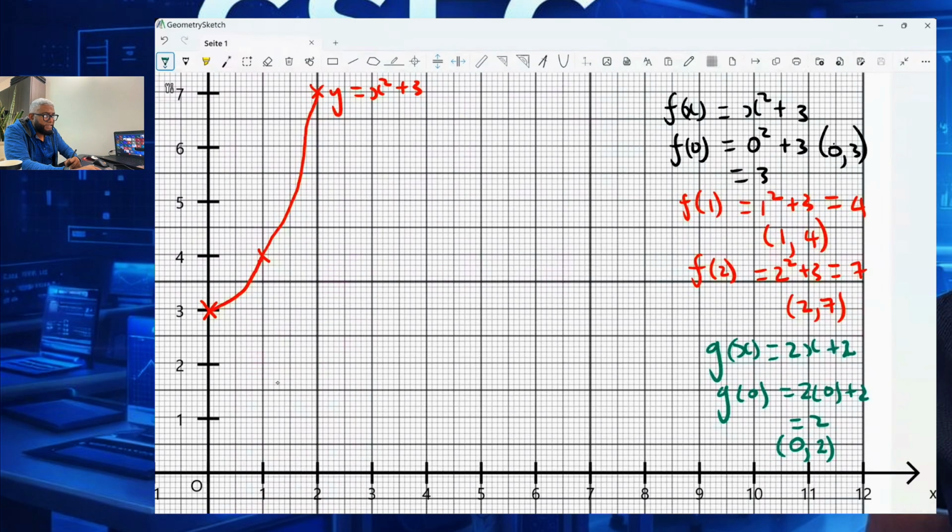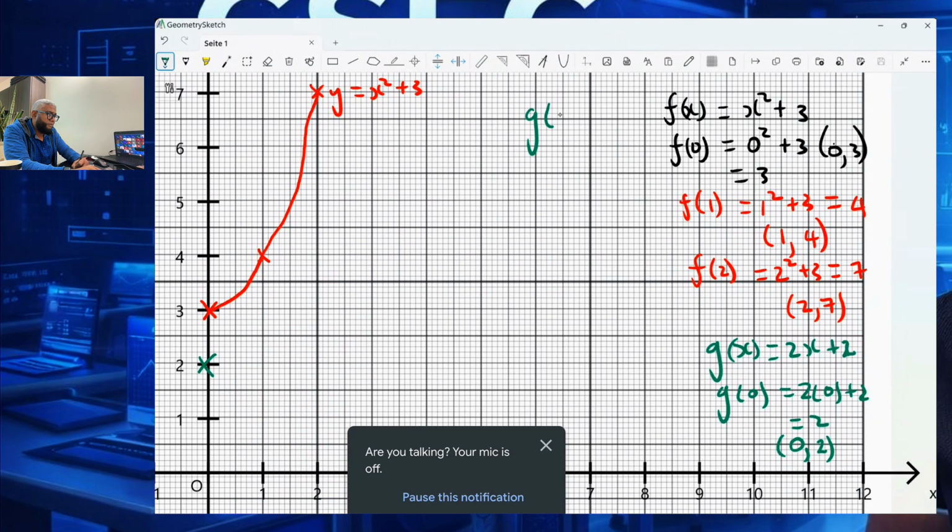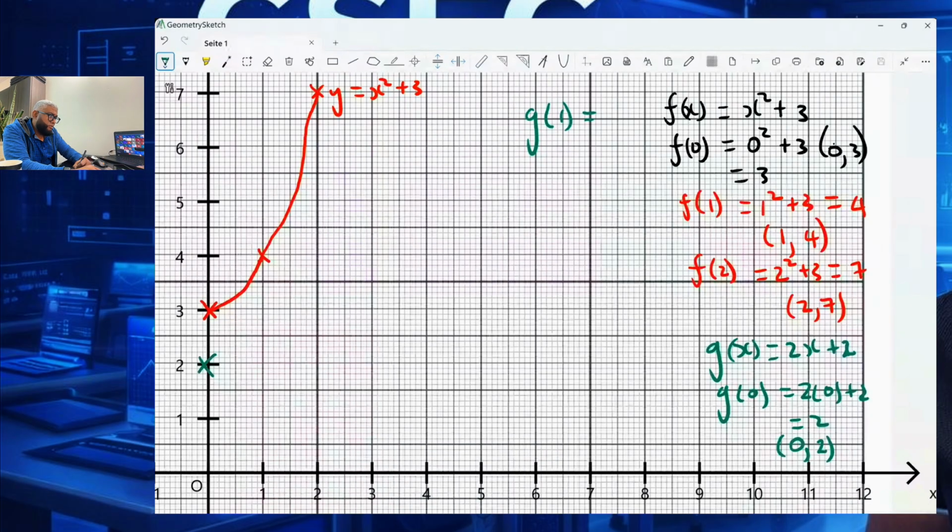So that's starting here, right? Then we're going to do g of 1. That will be equal to 2 by 1 plus 2, which will give me 4. So this coordinate will be 1, comma 4. 1, comma 4 is the same thing, so it's on the same spot here.